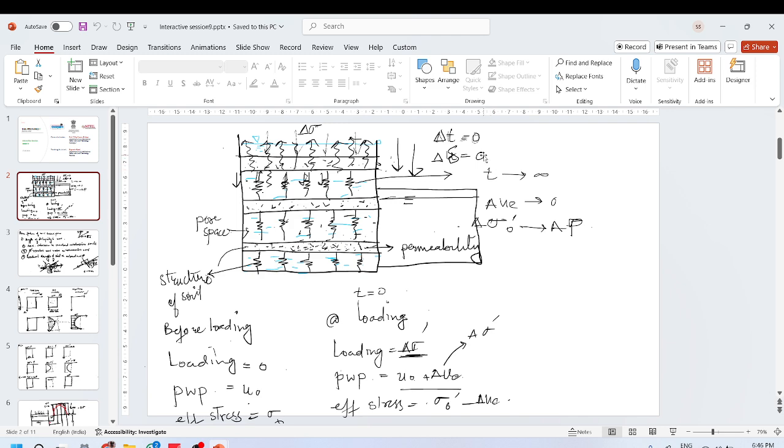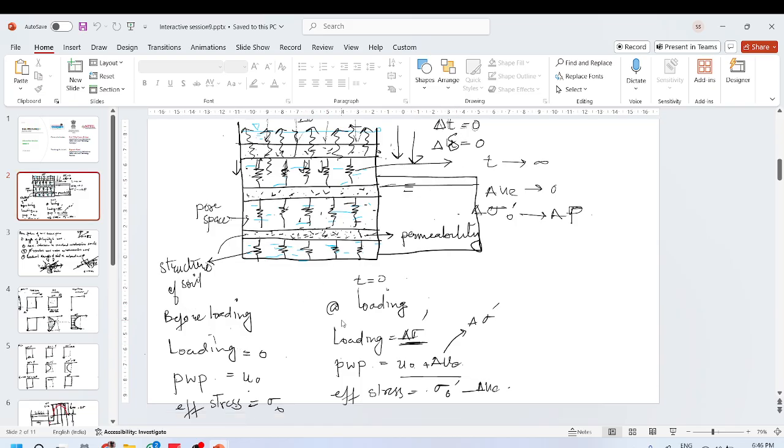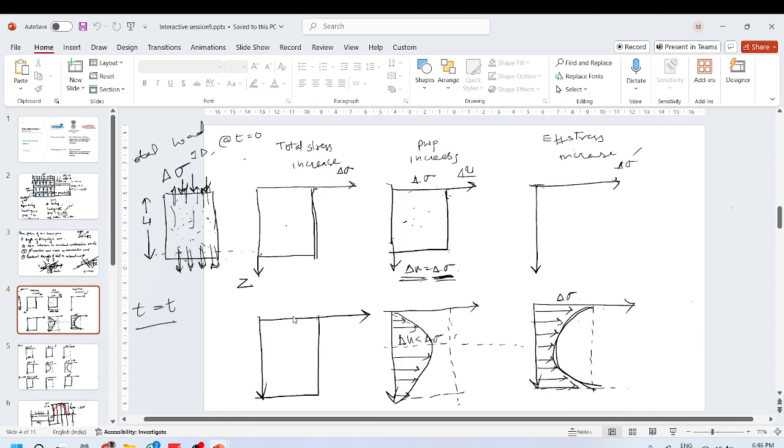So at time t equals 0, the total stress increase will be equal to delta sigma. The pore water pressure will be equal to delta sigma here, but the excess pore water pressure will not dissipate instantly.